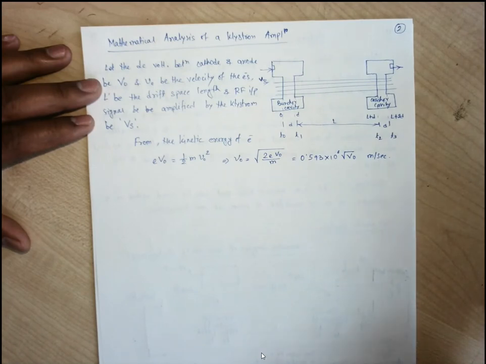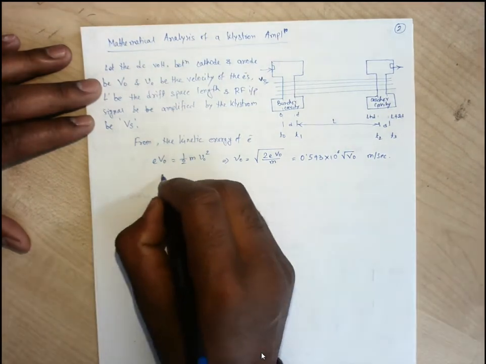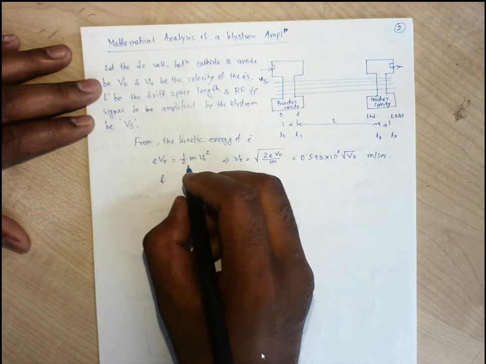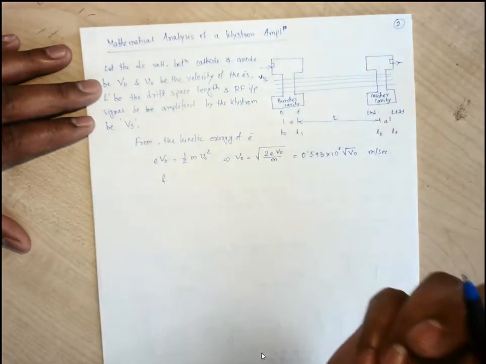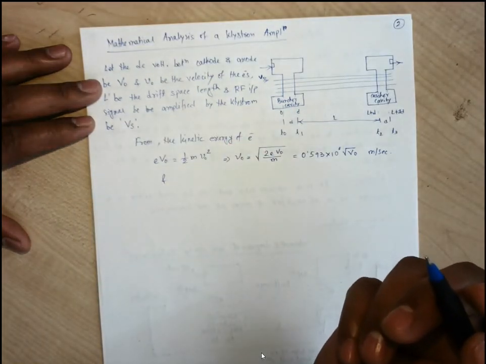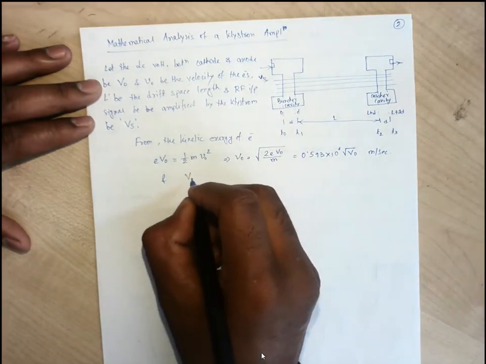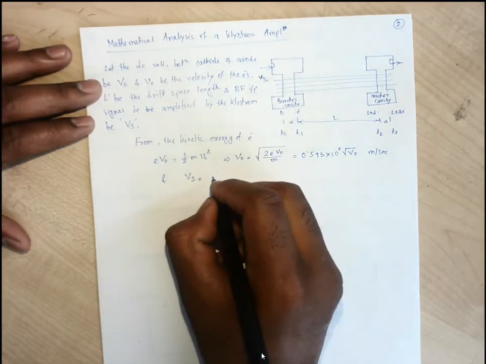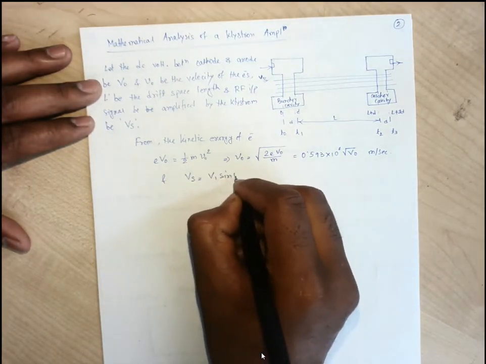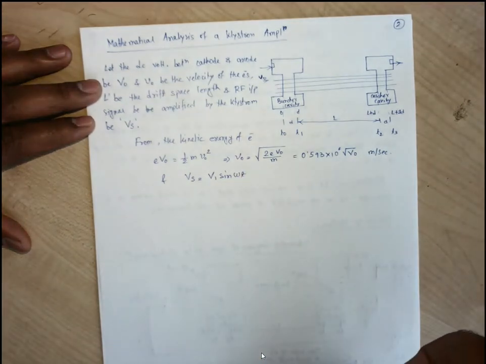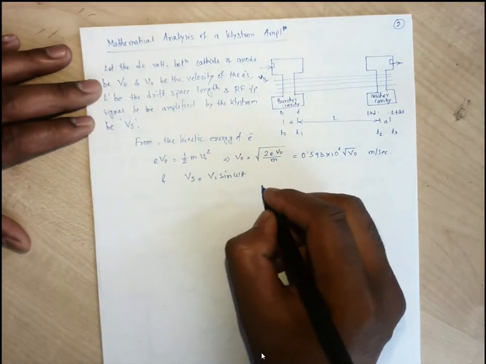So this V0 we need to specify for a certain operation, and this RF input is an AC input with quite a high frequency. Let us consider Vs equals V1 sin omega t. What is V1?